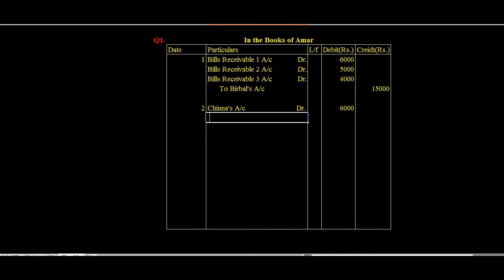And what's happening? Bill is going out. So we write to bills receivable 1 account, because it's the first bill which has been given. The amount is 6,000 rupees. So our next journal entry is also done.